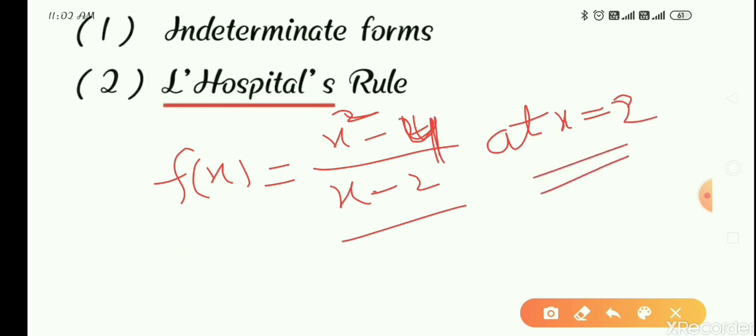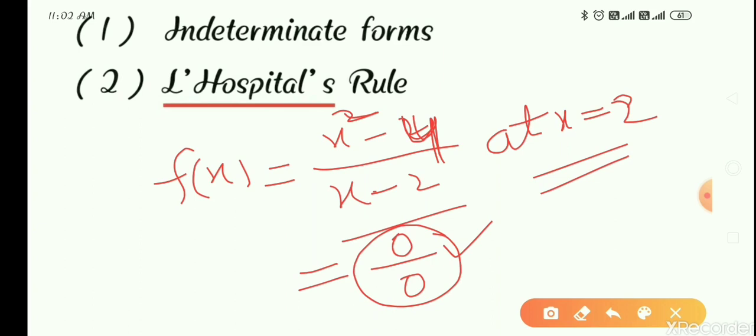When you put x equals 2 in this function, you will get 0 upon 0 form. This 0 upon 0 form is an indeterminate form which can be determined by using some particular method. That method I will tell you, but keep in mind this is an indeterminate form, 0 upon 0.